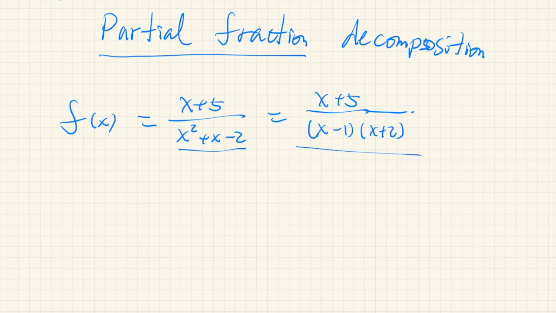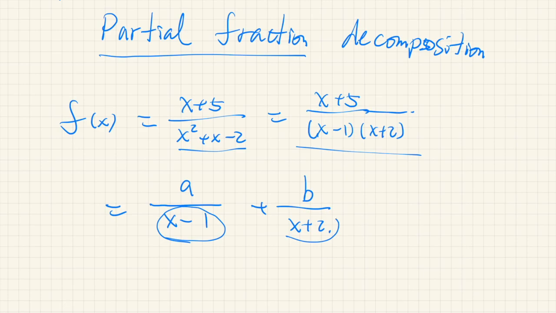And this rational function can be decomposed into two parts: some constant a over x minus 1 plus some constant b over x plus 2. The denominators here are the factors of the denominator in the original rational function. So how do we find a and b?